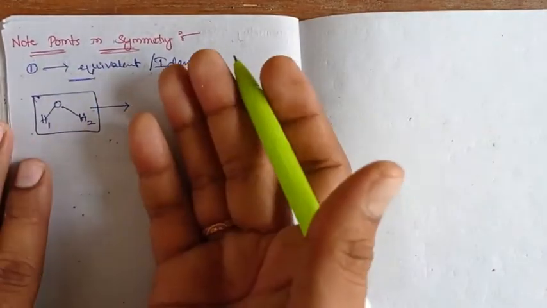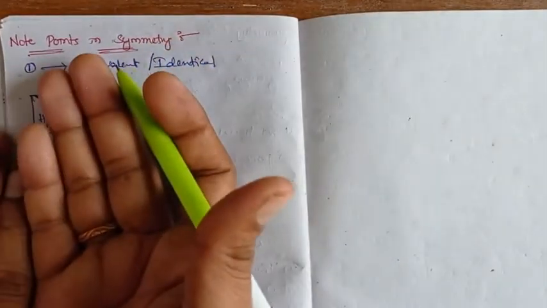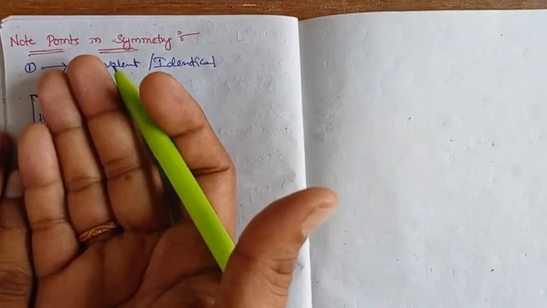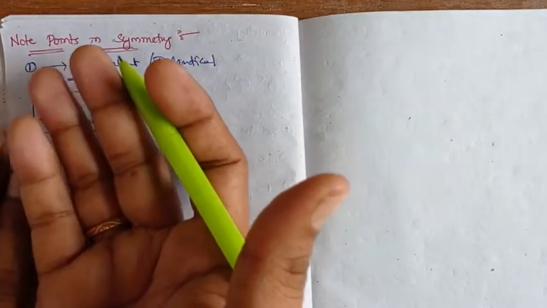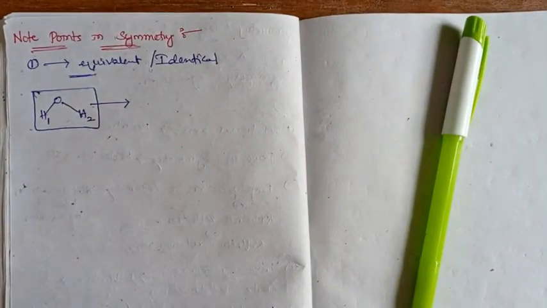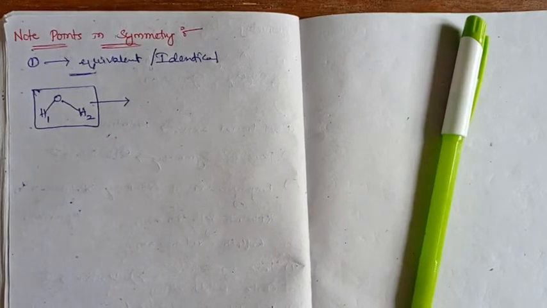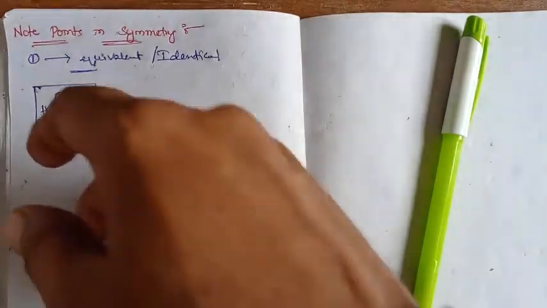By applying a plane with all the atoms, what happens? The atom position may not change, because the plane is passing through all the atoms. So in this case, the atom position may not be changed.